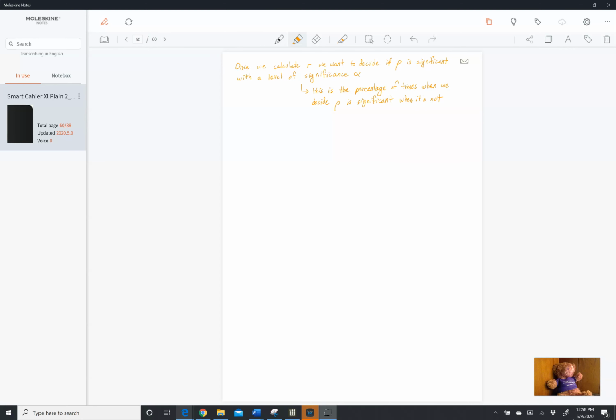In other words, alpha is equal to 0.01. So 1% of the time we're wrong. We say there's a significant correlation, but there's not. Okay? So I'm going to put it in black because this is hard to see and I just forgot to change colors.